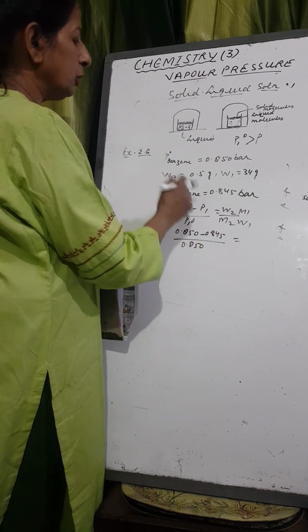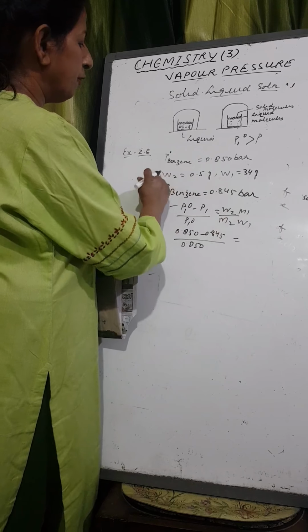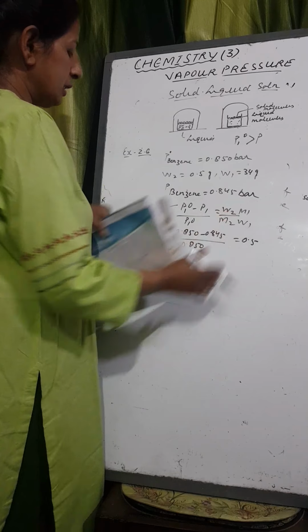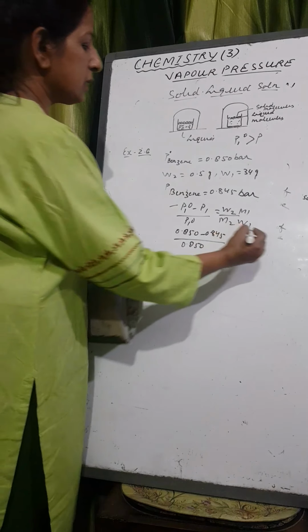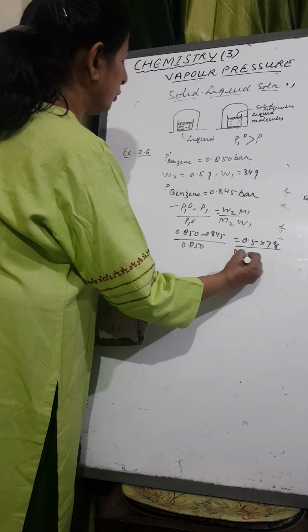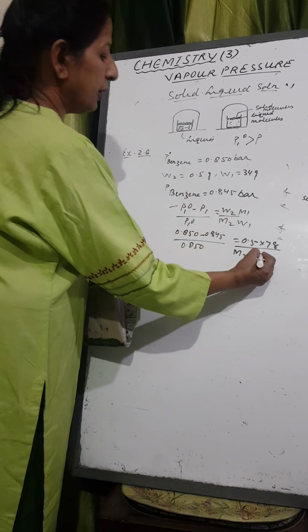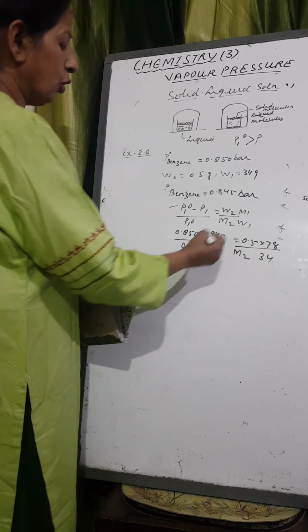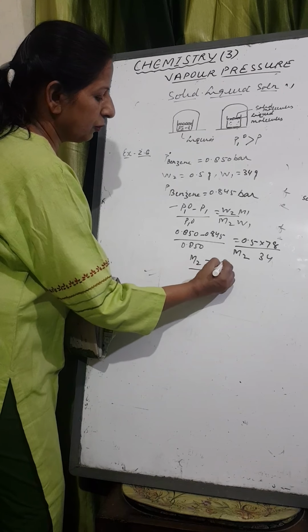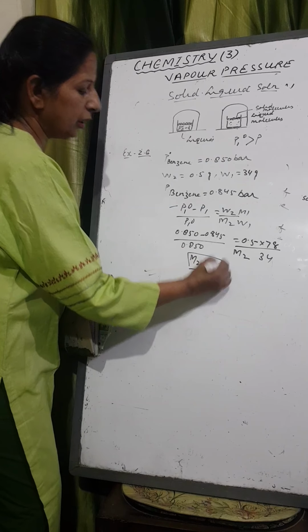Now we know the value of W2, put the value of W2 as 0.5. M1 is benzene and its molar mass is 78. M2 we have to find out, and W1 is given as 34. So on solving you will get the value of M2, in grams.